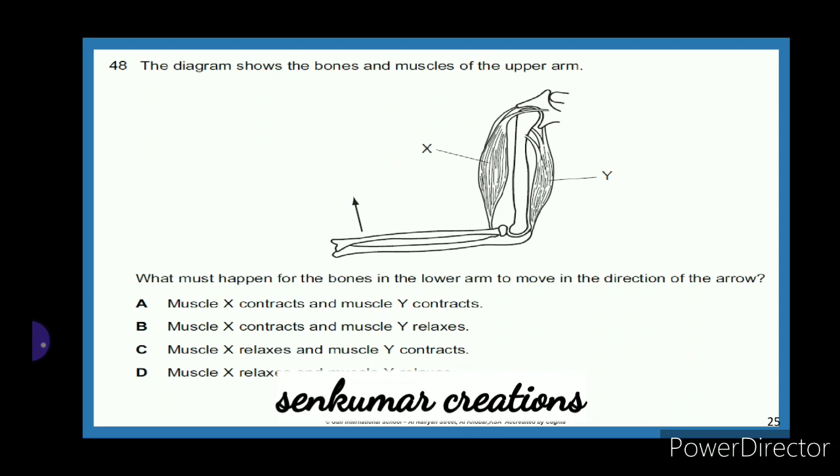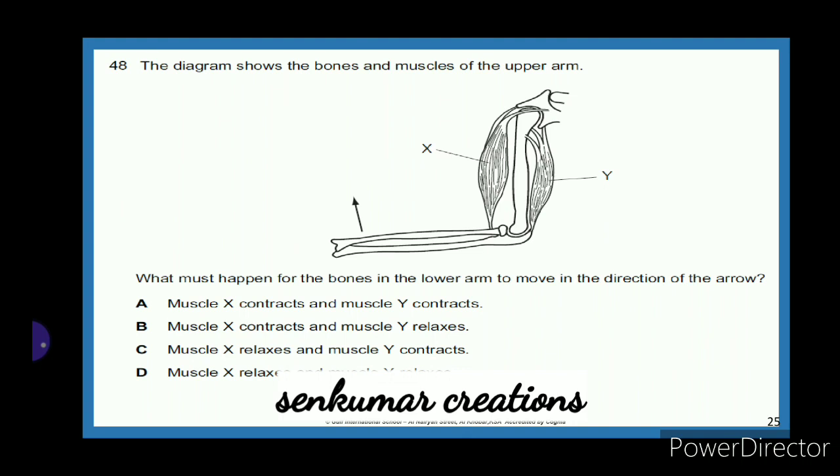The diagram shows the bones and muscles of the upper arm. What must happen for the bones in the lower arm to move in the direction of the arrow?